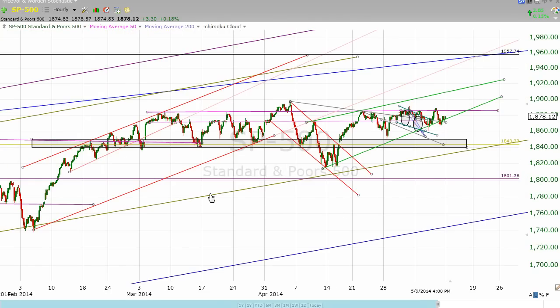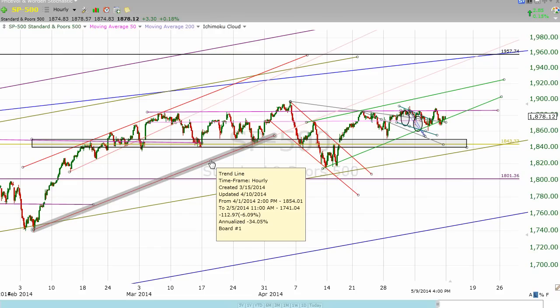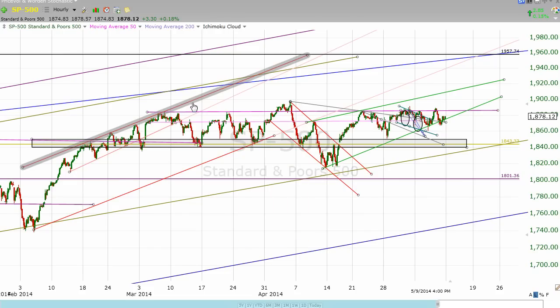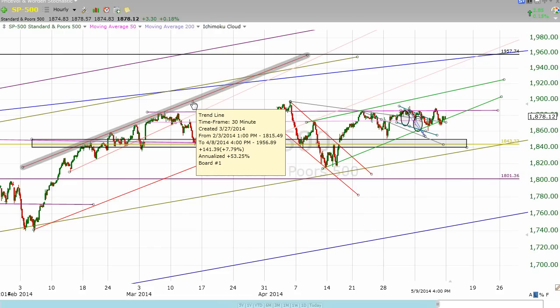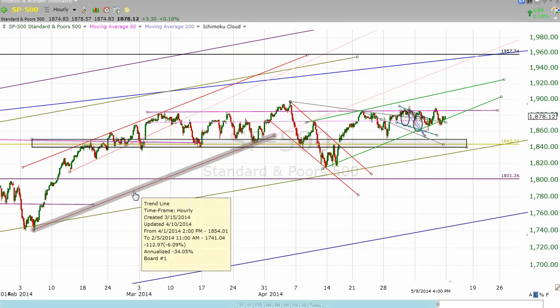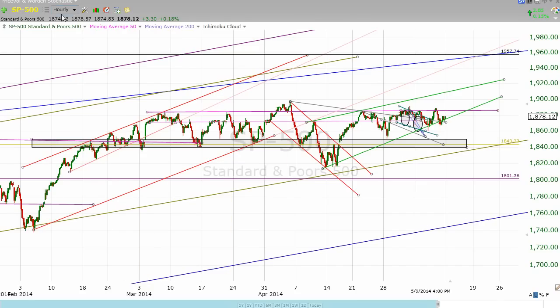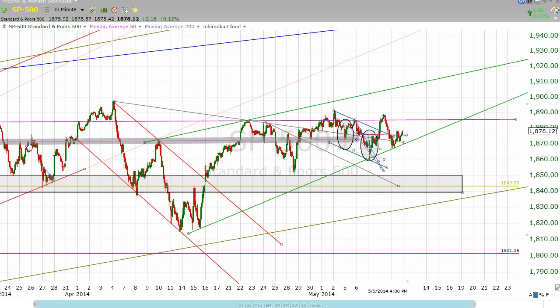You can see, for example, that it is roughly parallel to this line, and to this line. And these lines are roughly parallel to the other ascending channels that we've seen in the S&P. So that's a small change that I'm making in the chart.